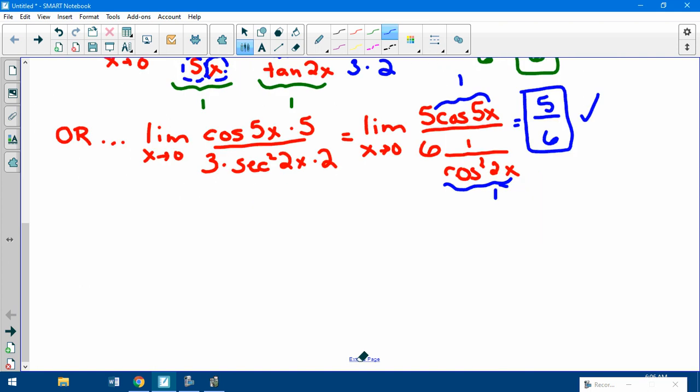Okay. The other big thing with limits is limits to infinity. We're going to use top heavy, bottom heavy, or equal heavy rules.